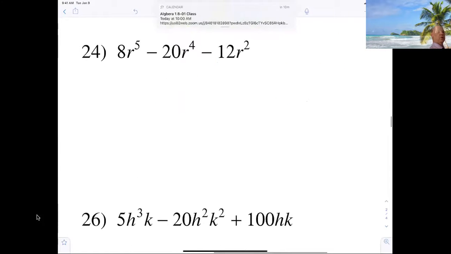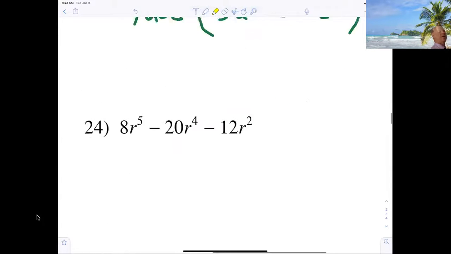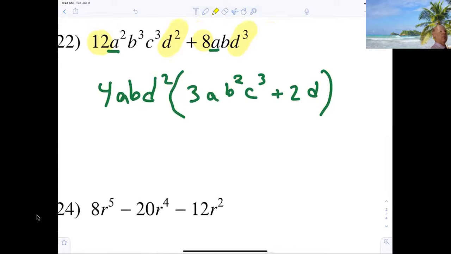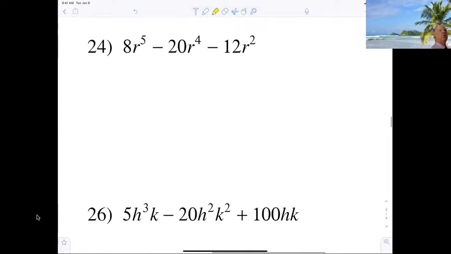All right, Angelina, sorry. Why do you put a c on the outside of the d? Is there a c in both terms? No, there isn't. 24. There's 4. Hold on one second.